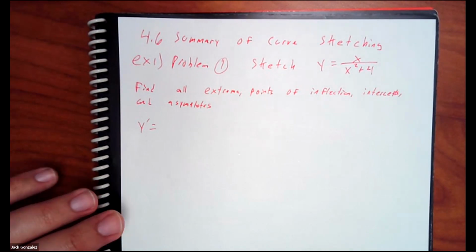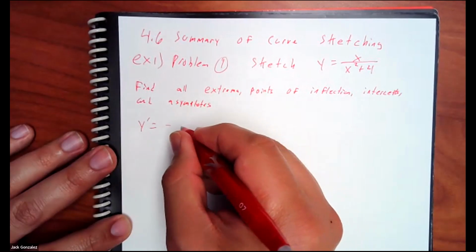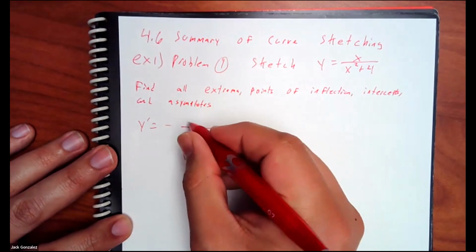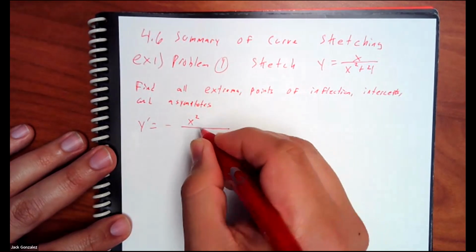So the derivative is going to be this. So I'm skipping this step here. You will need to do a quotient rule to find this.